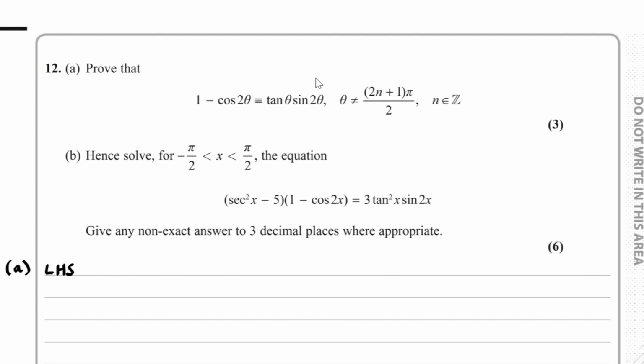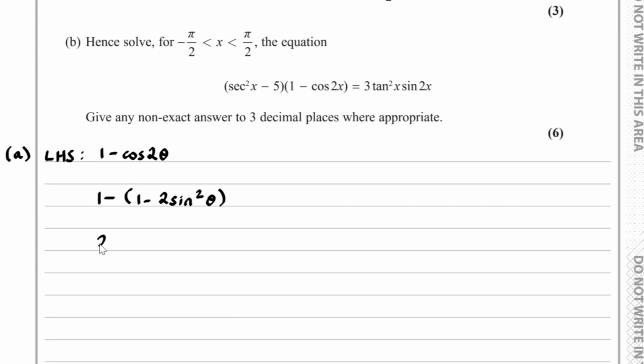Now, the way we can approach this, well, so far we've got 1 minus cos 2 theta. Now cos 2 theta, that's the same as 1 minus 2 sin squared theta.